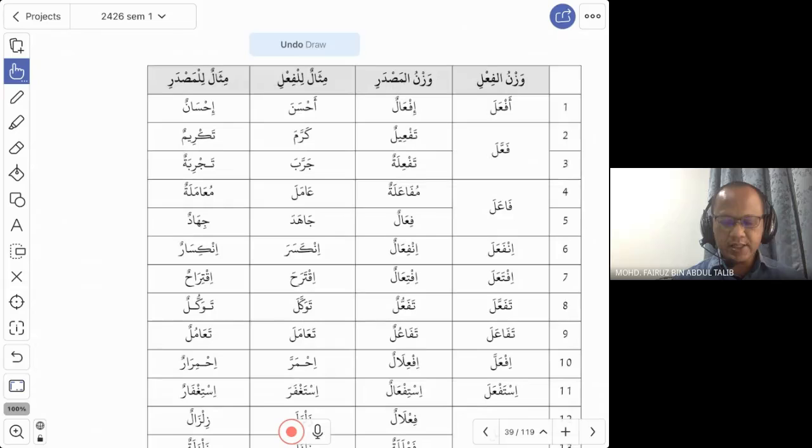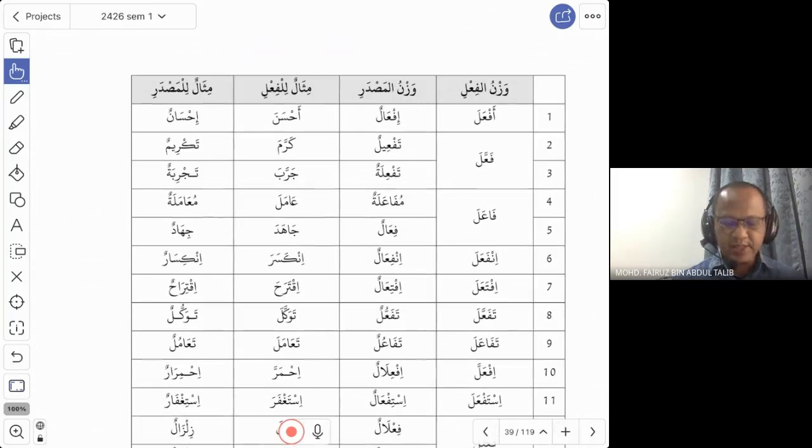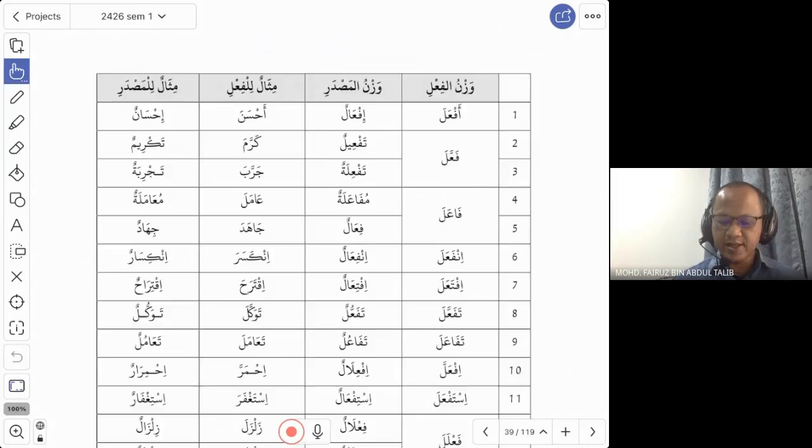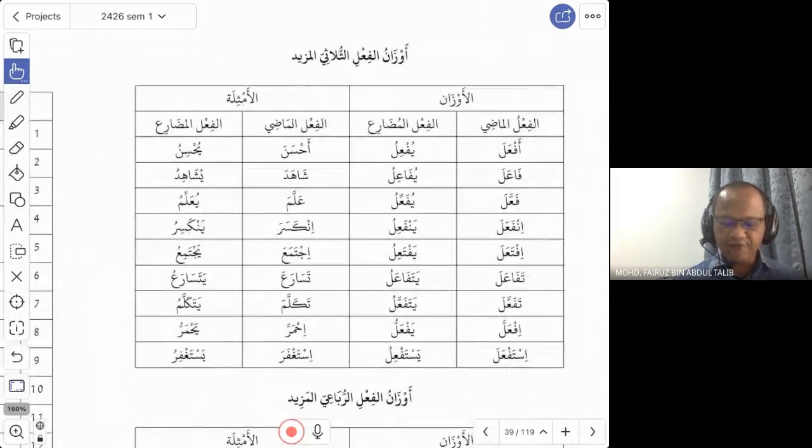So the example is as they gave you here. The example is ahsana. So this is similar, af'ala, ahsana. So when the fi'il is ahsana, what is the mudari? Before we talk about the masdar, we need to form the mudari as well. So you refer to the previous one. Ahsana, af'ala, mudari is yuf'ilu.